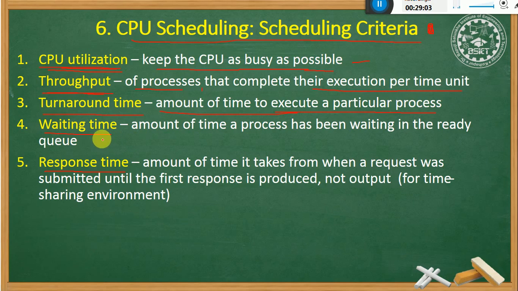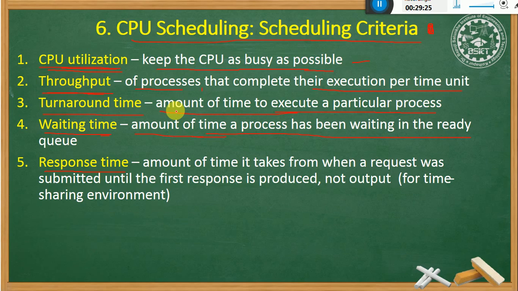Okay, the waiting time is nothing but the time that a process spends in the ready queue. So the total time spent by the process in the ready queue is known as the waiting time of that process. To decrease the waiting time, we require CPU scheduling.